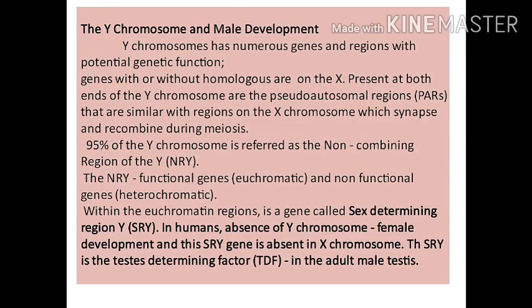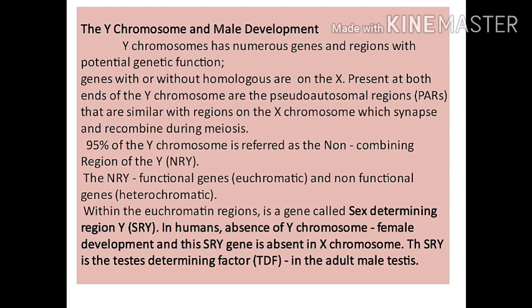Now let us see the Y chromosome and male development. In 1990s, analysis of Y chromosome says that numerous genes and regions with capacity of genetic function are observed in Y chromosome, but in X chromosome some genes are found with or without homologous or similar part.